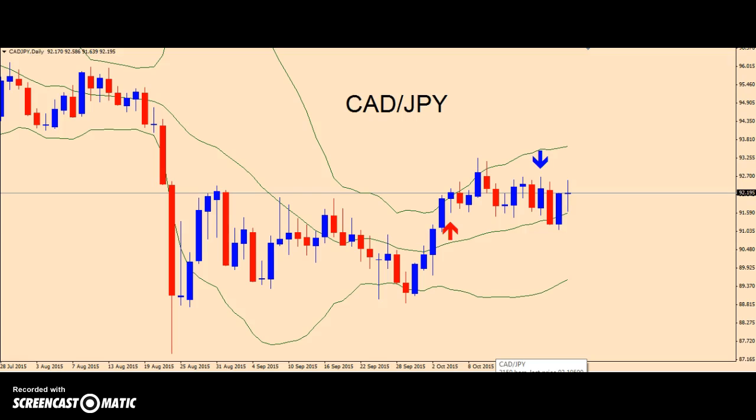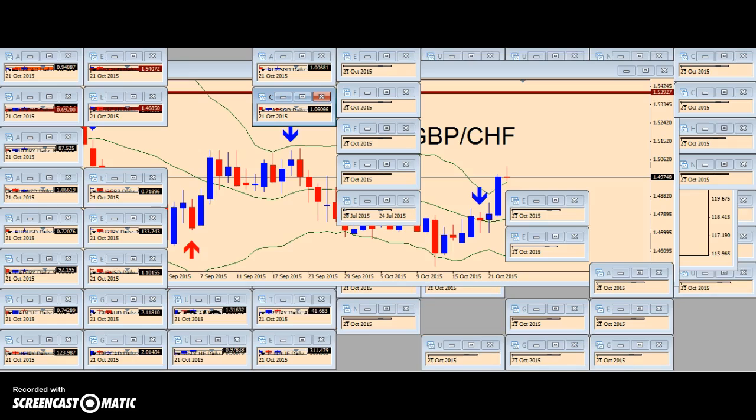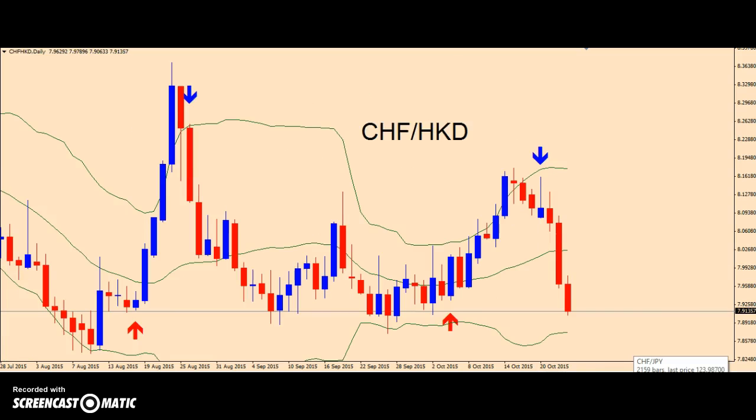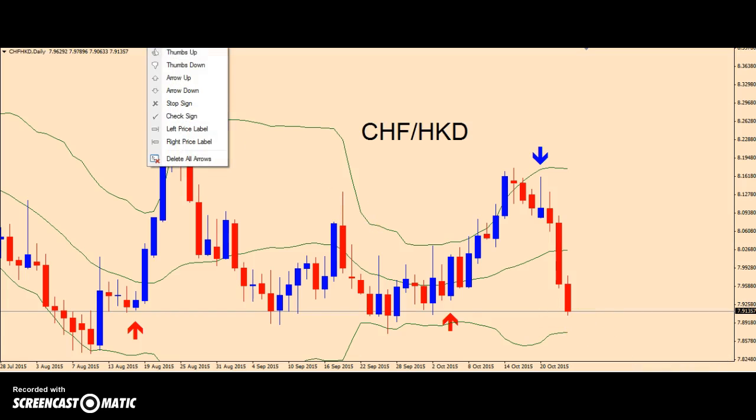JPY, what have we got? Nothing like that one. And a signal on that. So we got a signal on that, and the candle formation is also telling us of the weakness.